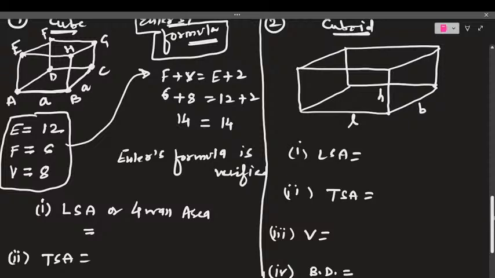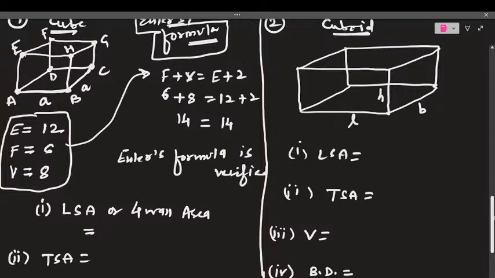Volume is base area into height. For figures where you have one base, your volume is going to be 1/3 base area into height. Where you have two bases, your volume is going to be base area into height.